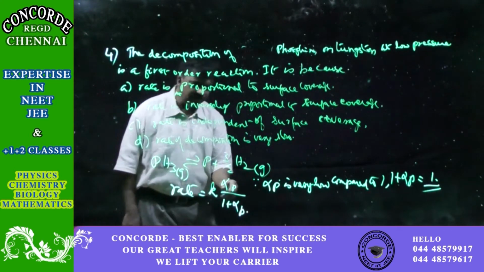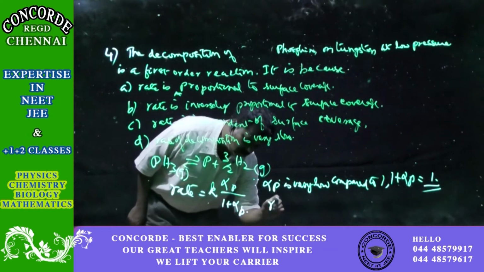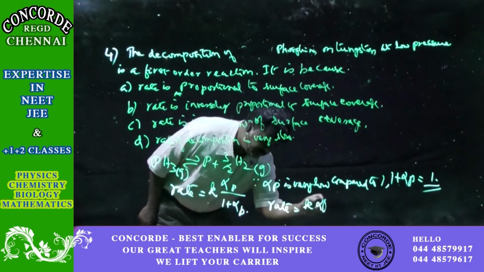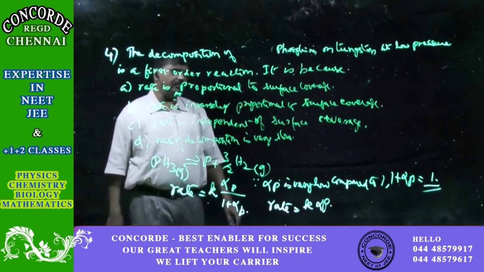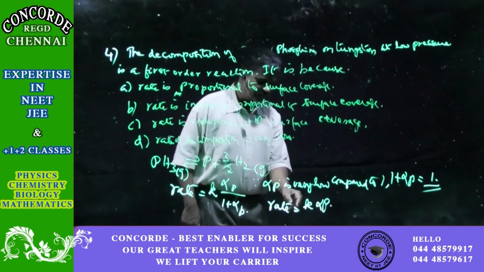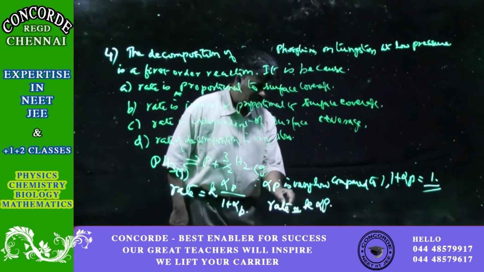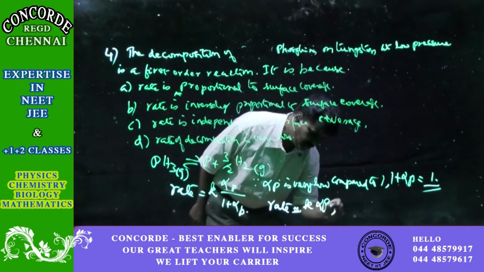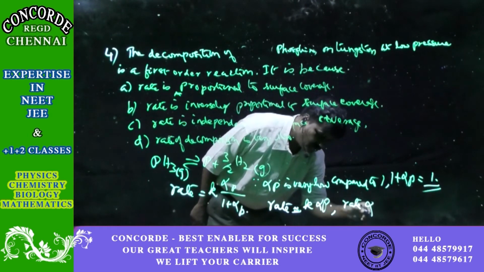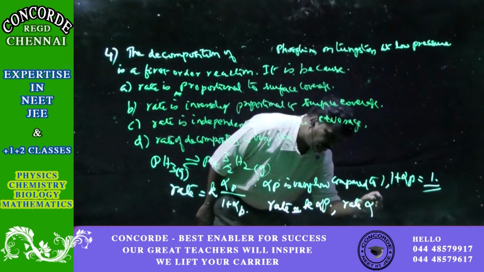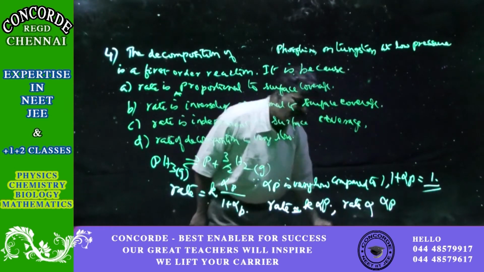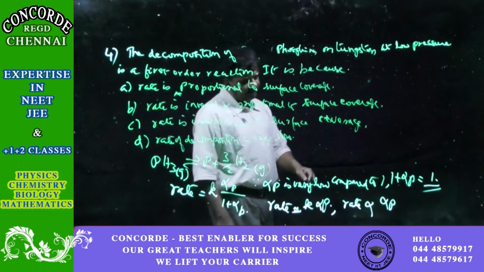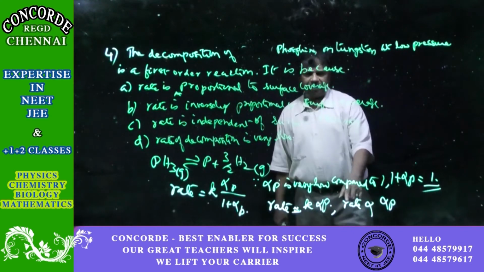So the rate is equal to K into alpha P. K is a constant. If the equal to sign is removed, rate is proportional to alpha P, isn't it? So rate is directly proportional to alpha P.